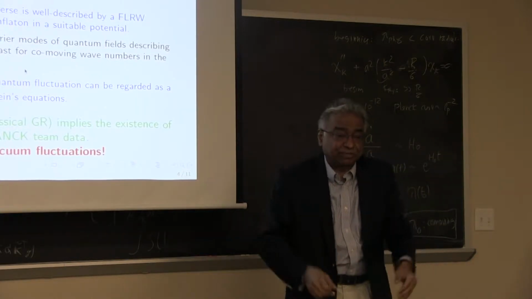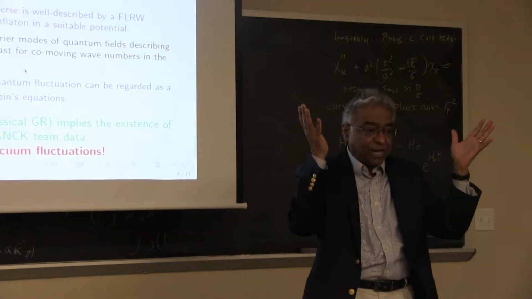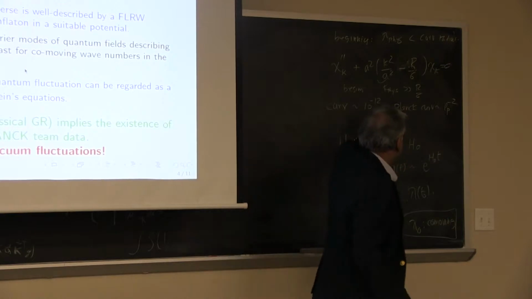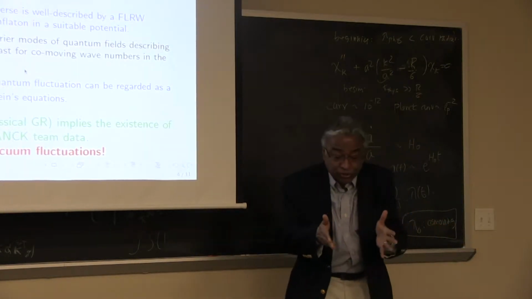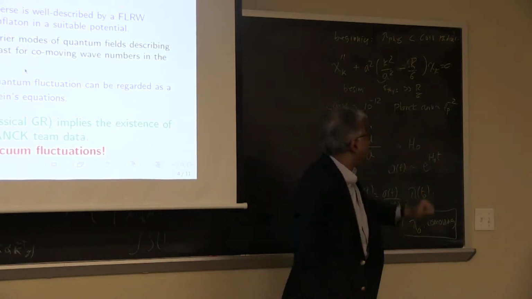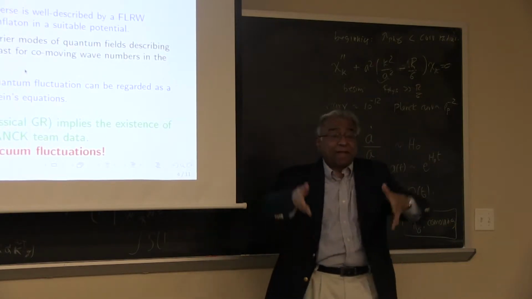Okay, so there's a competition. The universe is expanding exponentially, with the scale factor, and therefore the physical wavelength is also expanding exponentially. But the curvature is not expanding exponentially.